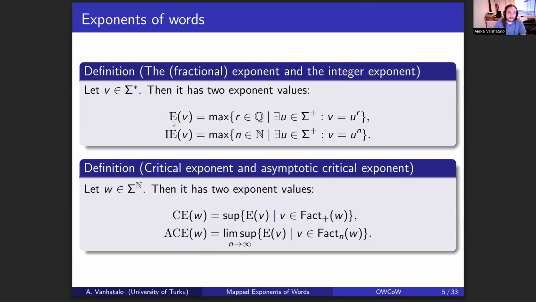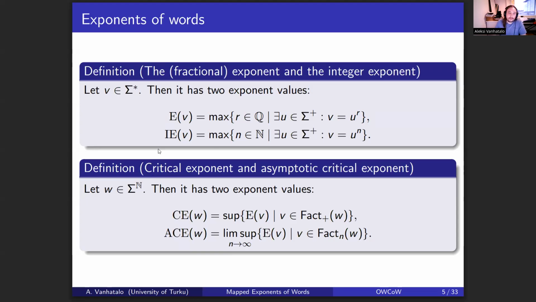First, we have the fractional exponent of a finite word here. It is the maximum of the fractions that can be used in writing our word v here. So v is u to the power of r, and we take r as large as we can. And then the integer exponent is the same, but now the maximum is over natural numbers. So we have full repetitions.